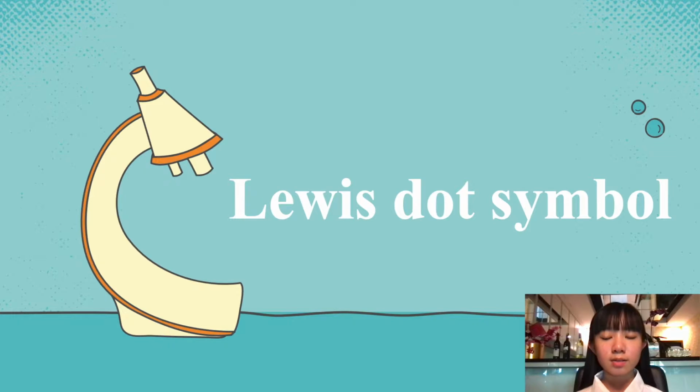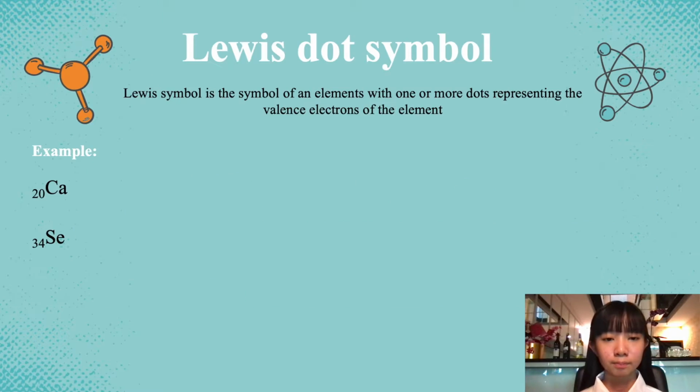Next, we have the Lewis dot symbol. Lewis dot symbol is a symbol of an element with one or more dots representing the valence electrons of the element. We have some examples here. The first one is calcium with the atomic number of 20. We'll first write down the electron configuration of calcium.